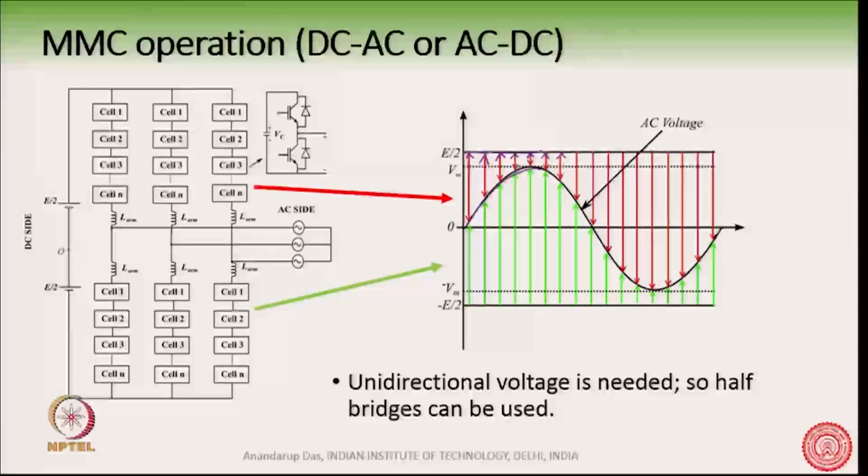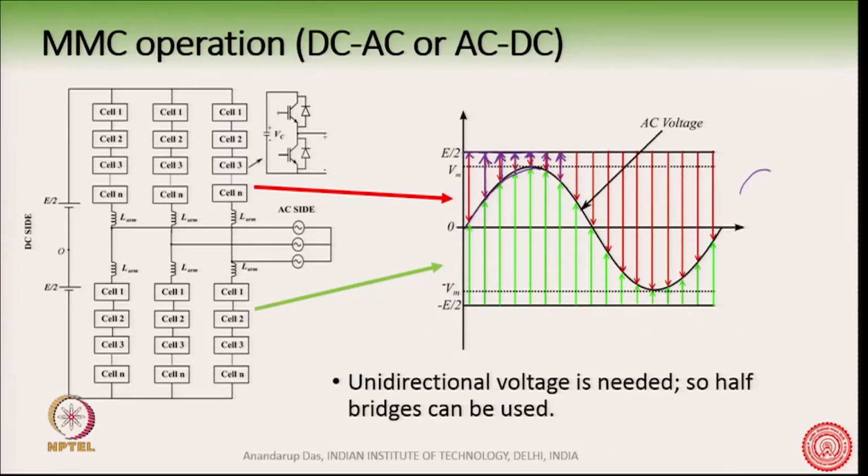So, if we flip the direction of the arrow, it means the controllable voltage sources in the arms are now commanded to produce a voltage like this. So, the reference has become opposite.